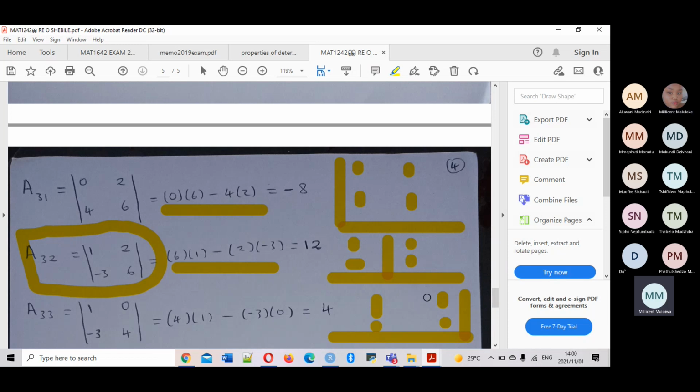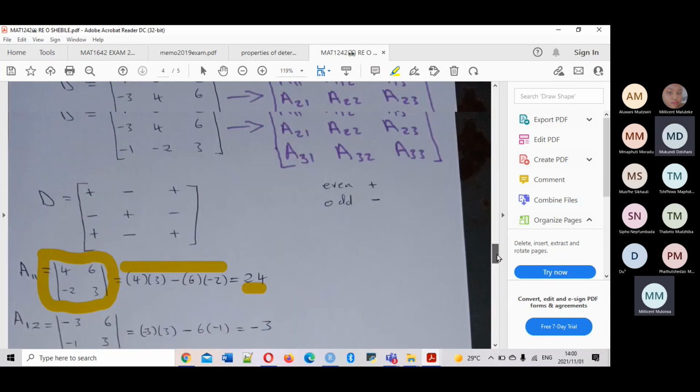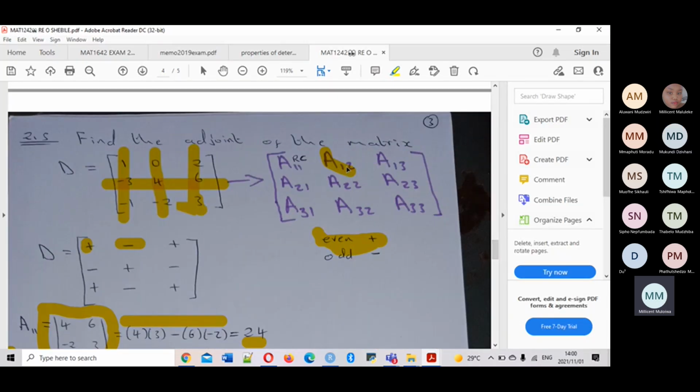Yes. So we're going to rewrite those determinants where they say A11. We're going to substitute with its determinant here, like this. Where they say A11, we substitute its determinant. Where they say A12, we put its determinant. A13 determinant. A21 determinant.